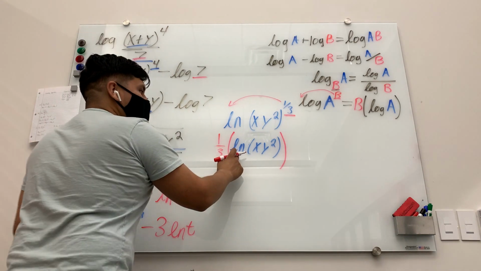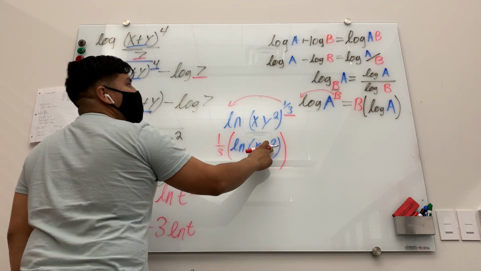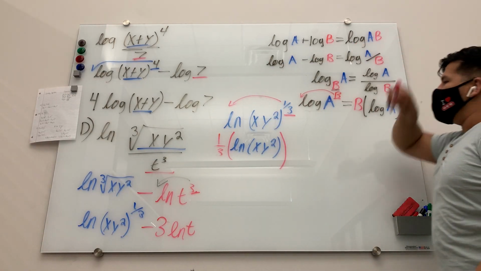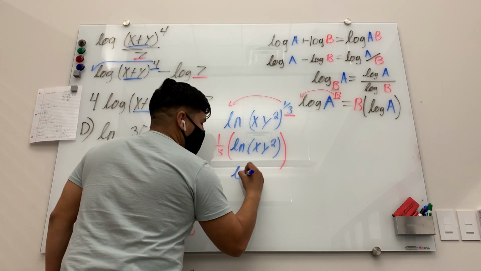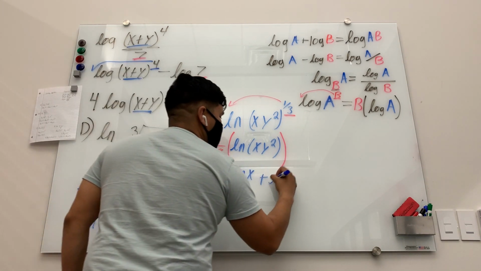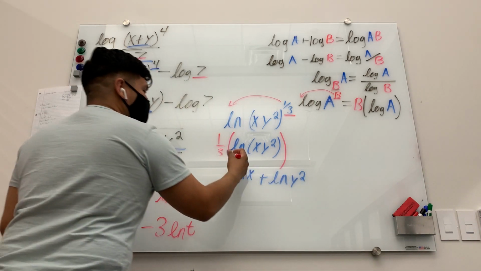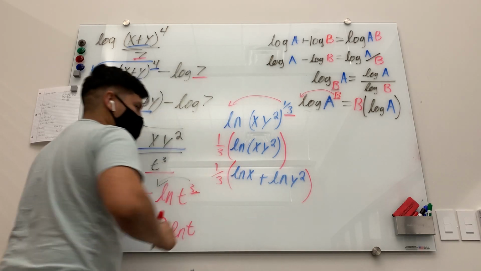All right, finally, let's take a look at this guy. We have the natural log of x times y squared. So we have natural log of x plus the natural log of y squared. Don't forget, this is all to the 1/3.